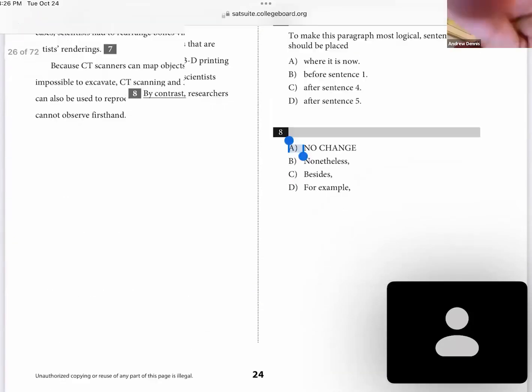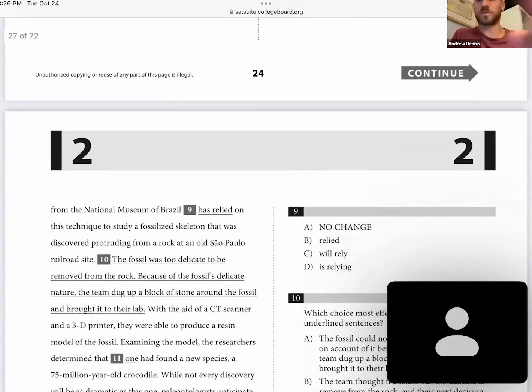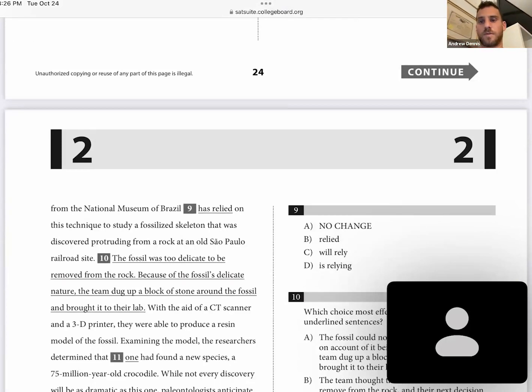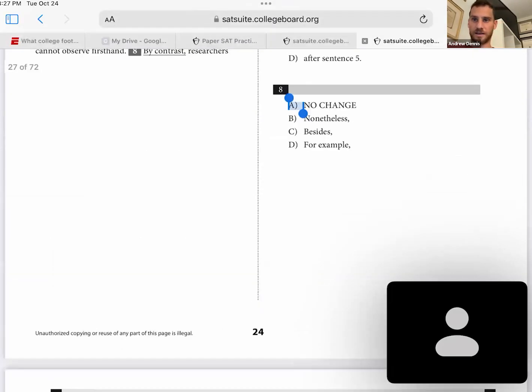By contrast, researchers from the National Museum of Brazil has relied on this technique to study a fossilized skeleton that was discovered protruding from a rock on an old Sao Paulo rail site. The fossil was too delicate to be removed, right? Would it be relied? Yeah, it's gonna be relied, because if you continue reading, we're talking about the past tense. I mean, "will rely" is grammatically correct, and who is relying?